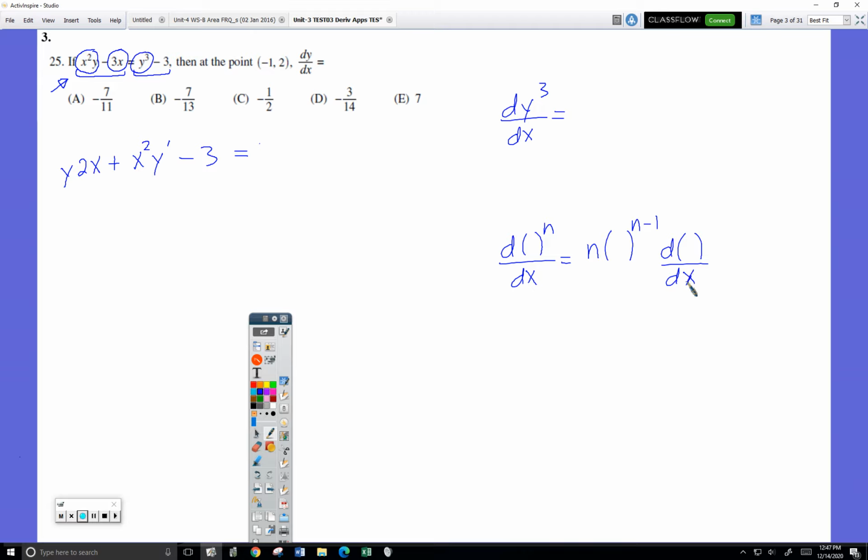So apply that rule to this. You have y to the third, so then you have 3y to the second, y prime. Oh, I see. When you do it normally, the dx over dx just equals 1.